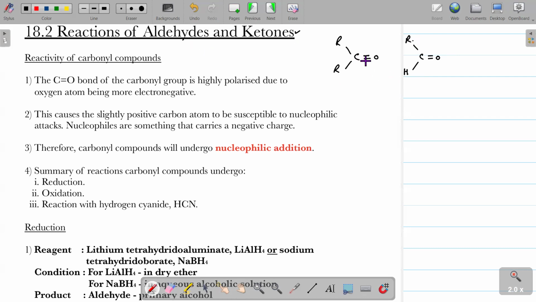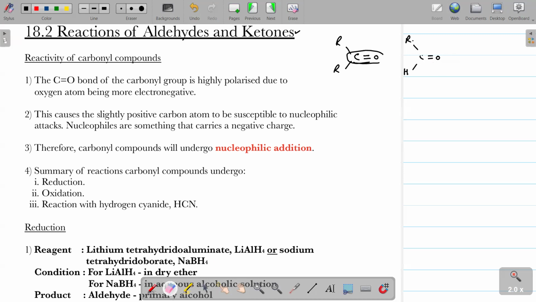So it means that the reactivity of these aldehydes and ketones depends on this carbonyl functional group. But remember one thing, as I said earlier, the names of these functional groups are different.